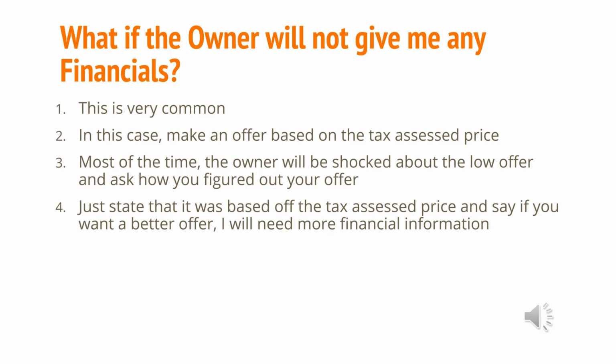I will typically state, my lender will need these documents as well, and they know that. They know that a property lender will need a T12 and a recent rent roll, and they also know what the tax assessed price is because they pay their property tax every year.